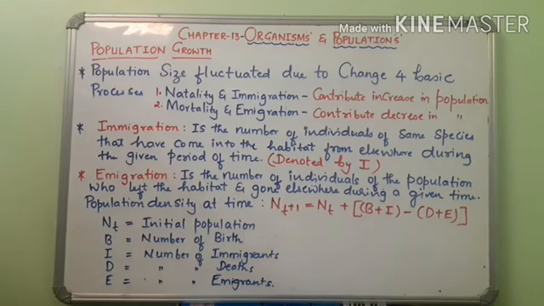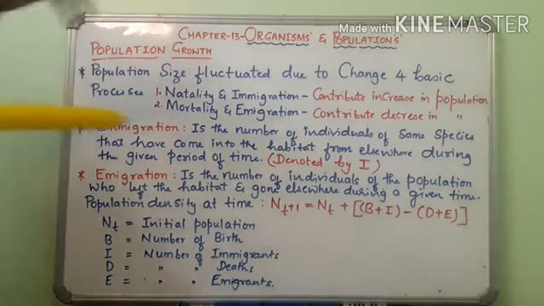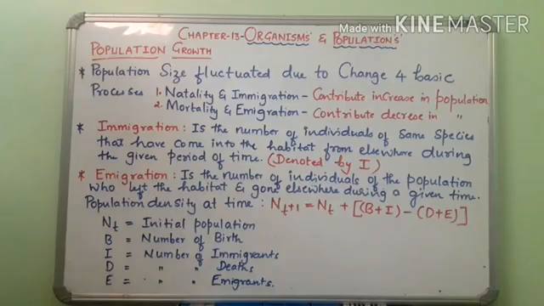Understood now? So it is not only connected to human beings, it is connected to other animal species also. There are other species of animals also showing immigration as well as emigration.